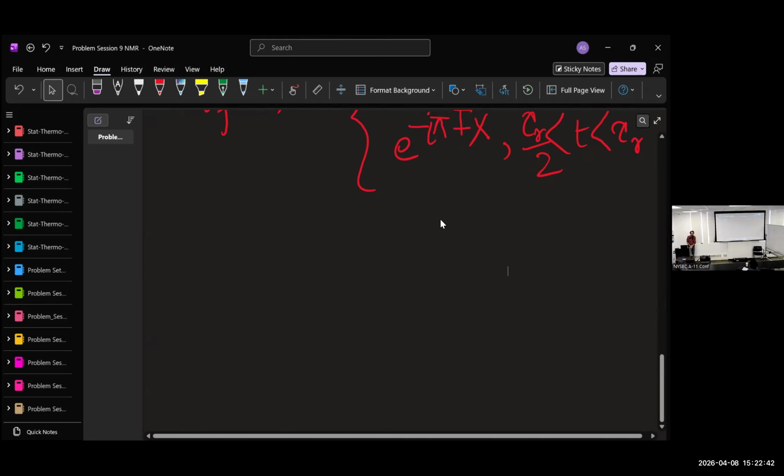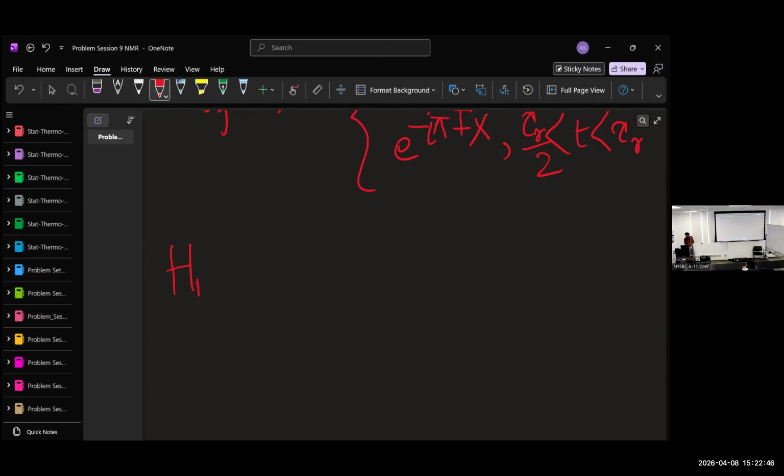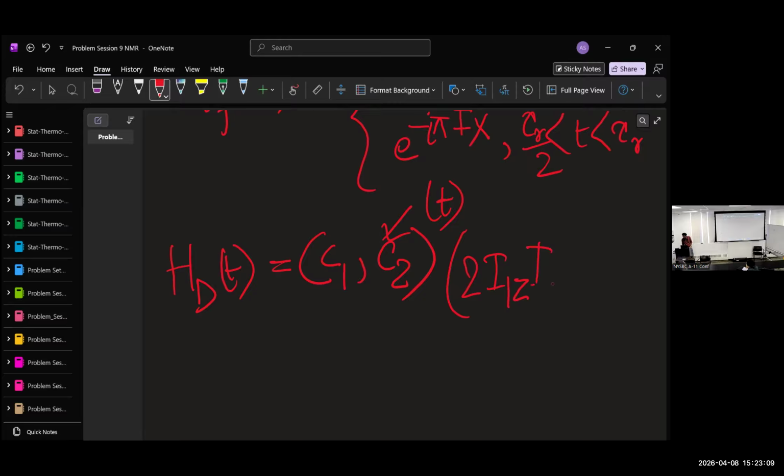Okay? So in this logic, we look at what happens to the homonuclear dipolar Hamiltonian. For simplicity, I'm just going to write that as C1, C2. When I do this, I'm just referring to the terms in the time dependent part. Remember that this is where the time dependence of the dipolar Hamiltonian is. That's where your cos omega_r t and cos 2 omega_r t are embedded, multiplied by 2 I1z I2z.